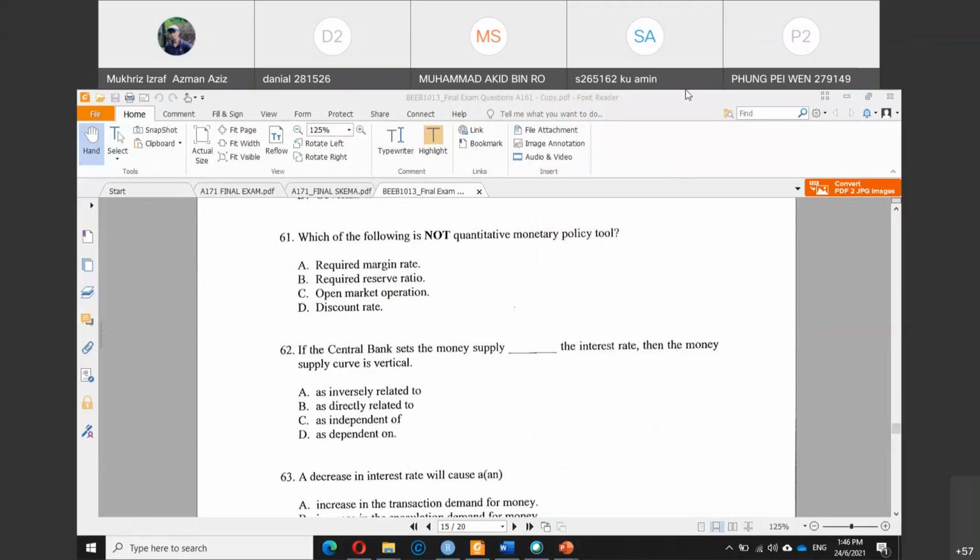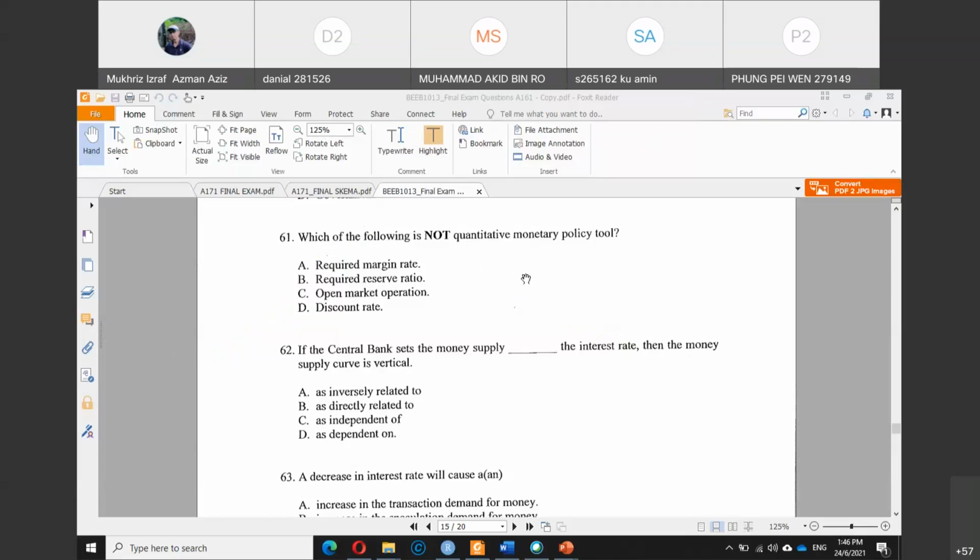Inverse means that it is downward sloping. Directly related means it is upward sloping. Inversely means a downward sloping curve: when interest rate goes up, money supply goes down, and vice versa. But if the interest rate goes up or down, money supply remains the same.